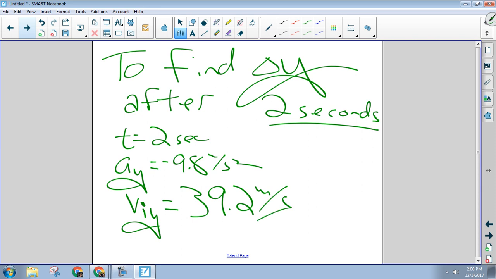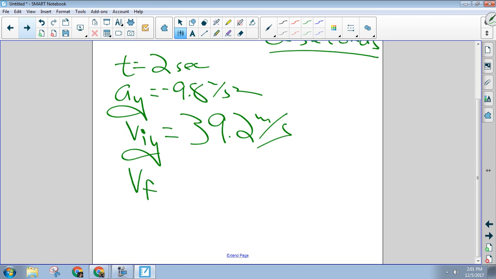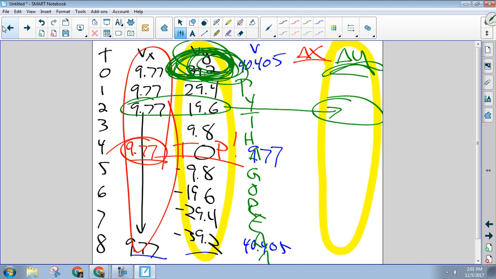Right? And at the end of those 2 seconds, what did my vertical velocity end at? At the end of 2 seconds, it's 19.6, right? Because that's what the vertical velocity is after 2 seconds.